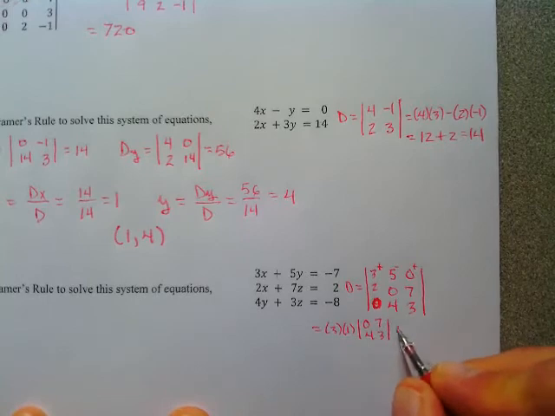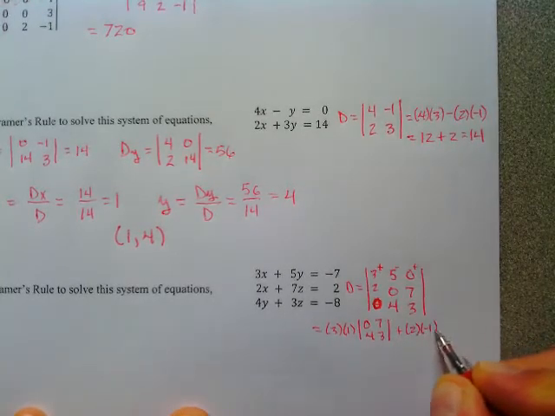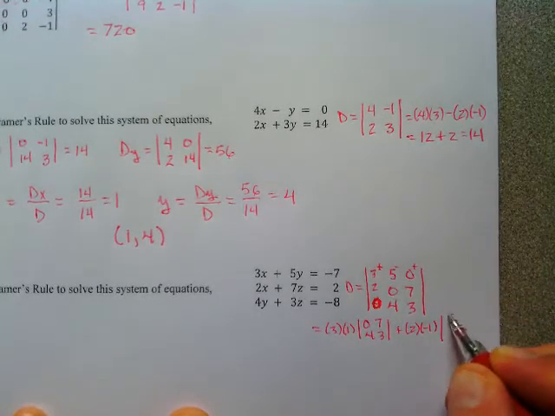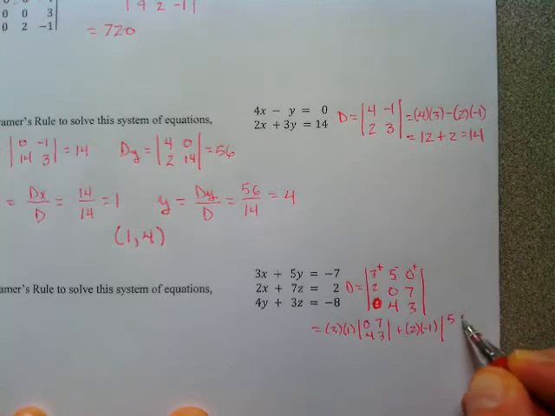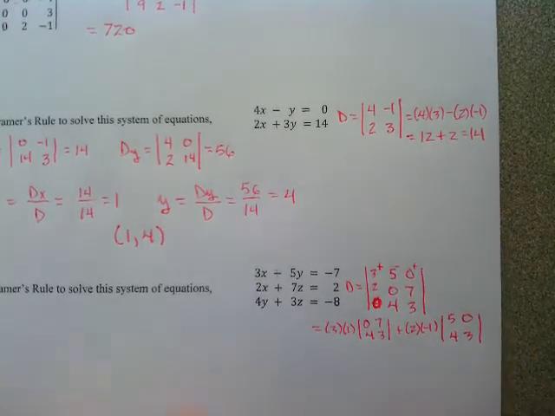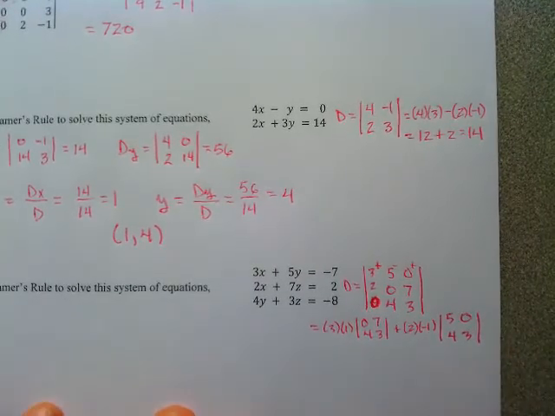And then we can add to that a 2, and that'll be a minus 1, and that one would be a 5.043. And then we don't have to worry about the third one. The third one's 0, so I'll just let it go.